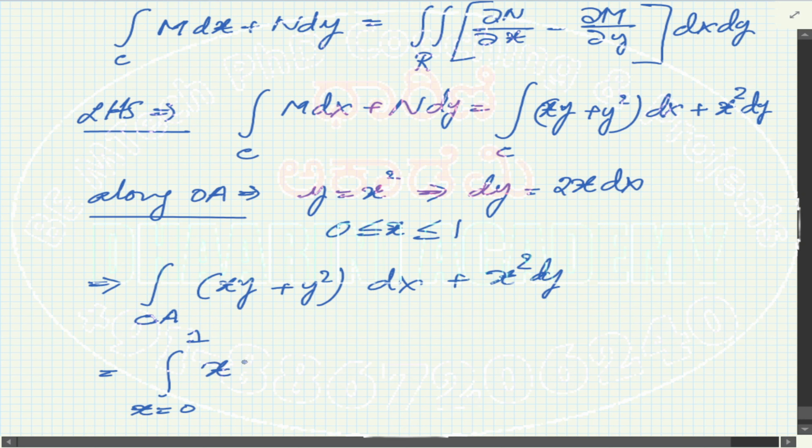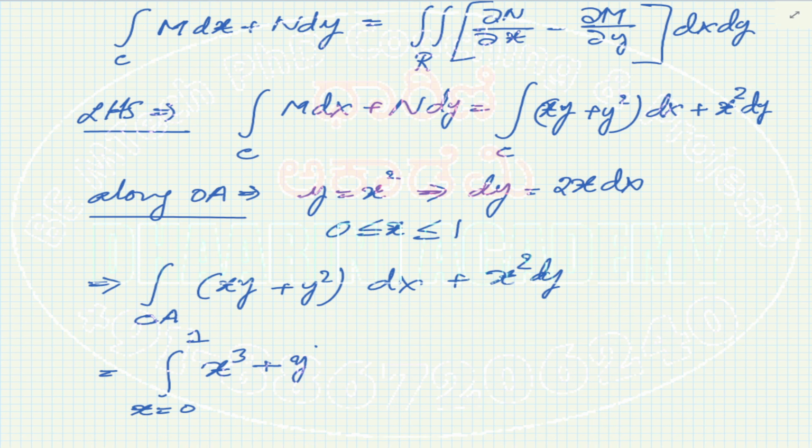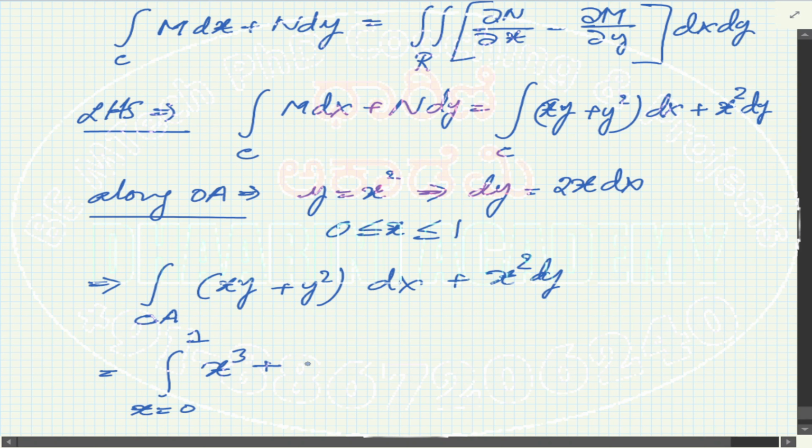So this is x into x squared, so this is x cubed, plus y squared, where y is x squared, so this is x squared squared, which is x to the 4. (x cubed plus x to the 4) dx plus x squared, as it is, and dy becomes 2x dx.